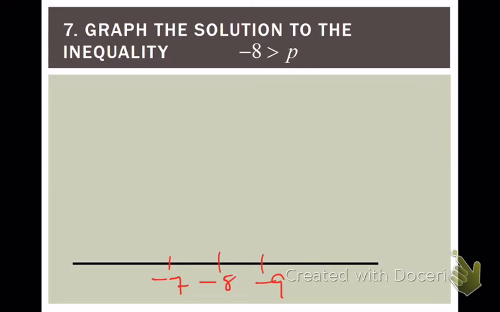What did I do? Did you just see this? Duh. Negative 9 goes on this side, negative 7 goes on this side. But I need solutions. The solutions are all the numbers where negative 8 is greater than. Where are the numbers that negative 8 is greater than? Negative 8 is bigger. So I need these numbers going this way.